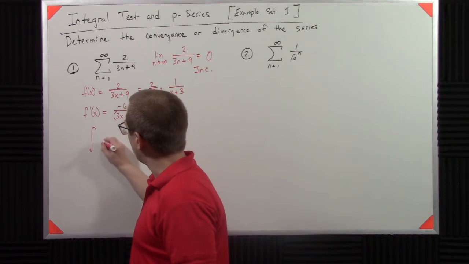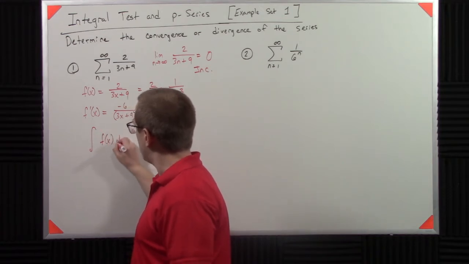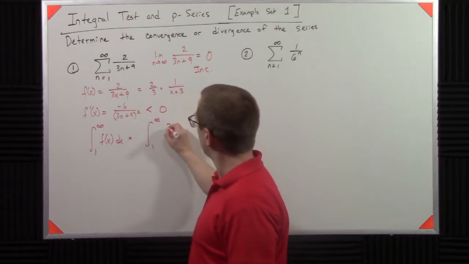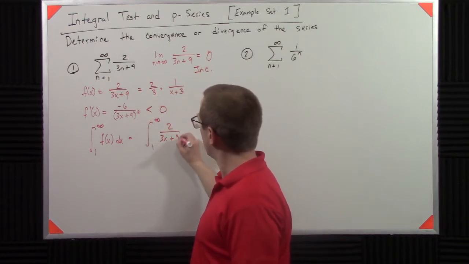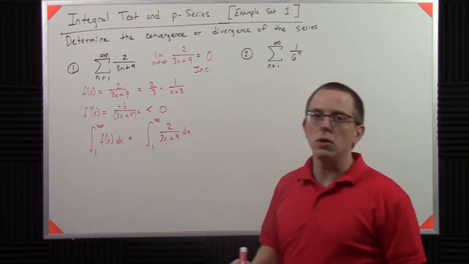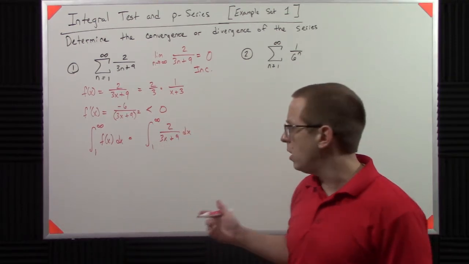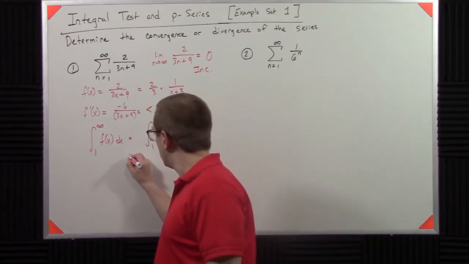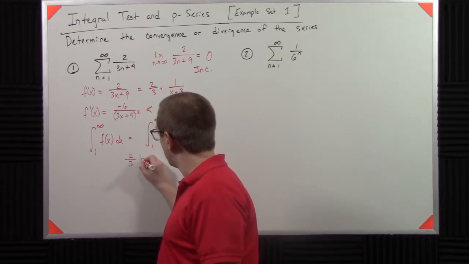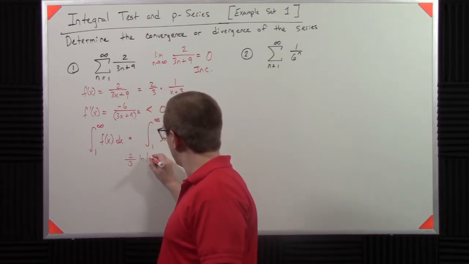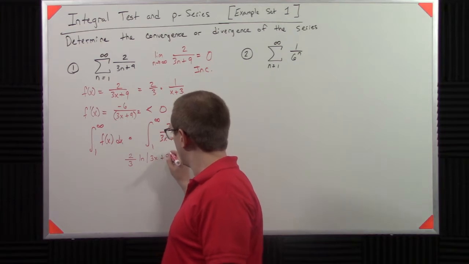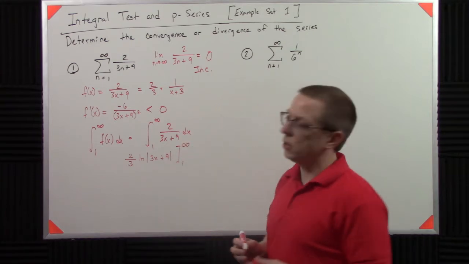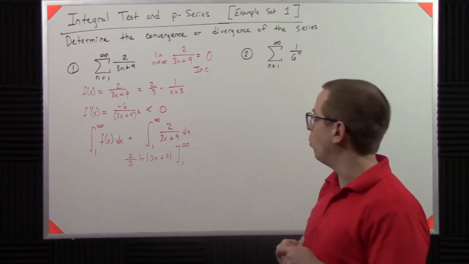So now we want to take the integral of f of x dx. So in this particular case, you could take a u sub, you could do whatever you want here, and I think you're going to get two-thirds natural log of 3x plus 9 from 1 to infinity.